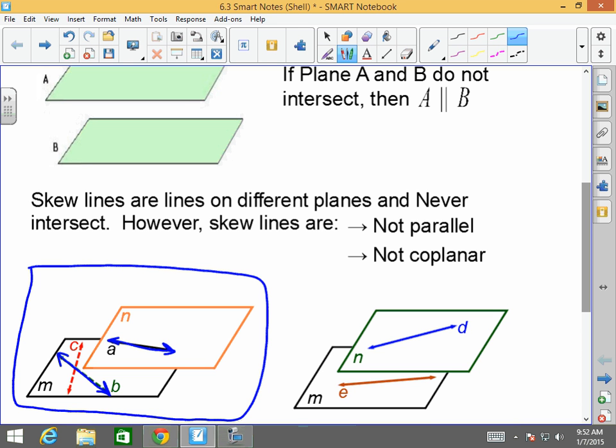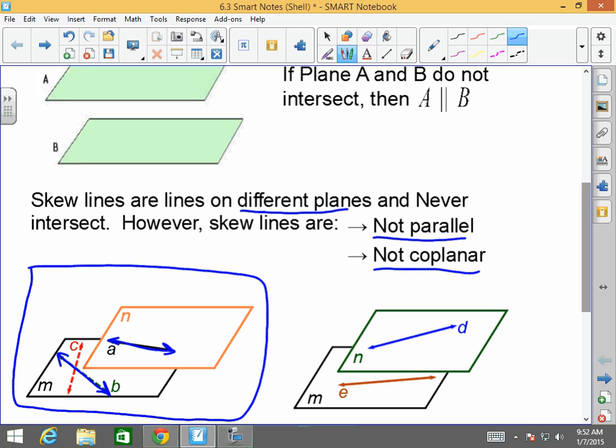Just because you have parallel planes, it does not mean that all of the lines on those individual planes are parallel. These are called skew lines. So skew lines are lines on different planes that never intersect. However, skew lines are not parallel and they're non-coplanar. They're not coplanar.